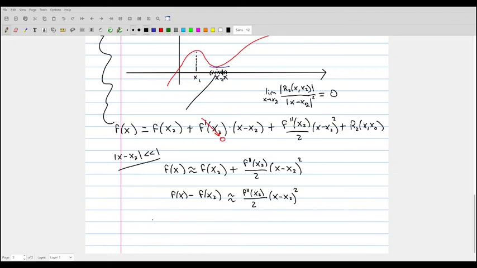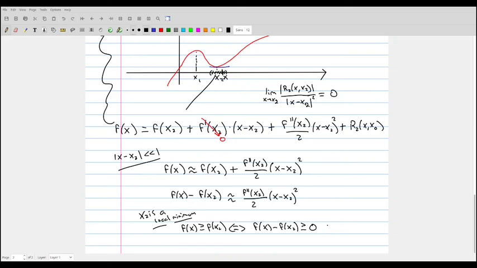Remember, we say that x2 is a local minimum if there's an open set, or an interval, around x2 such that f of x is always greater than or equal to f of x2, which is the same thing as saying that f of x minus f of x2 is greater than or equal to 0.